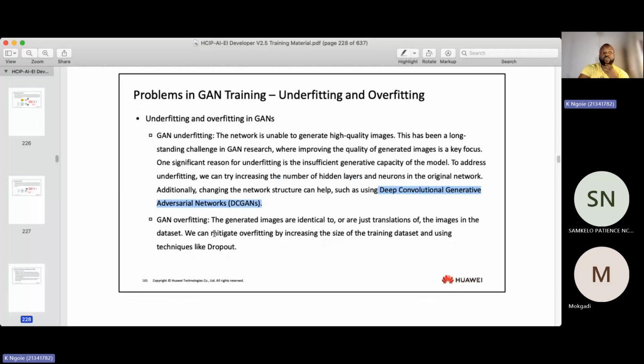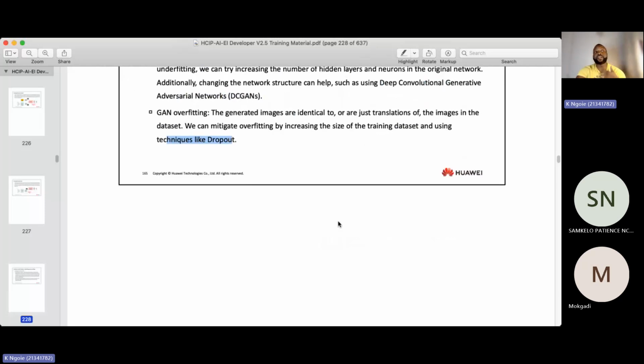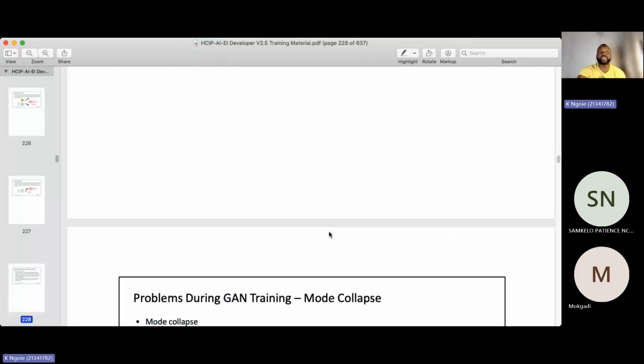We solve overfitting the same way as with other neural networks, by using techniques such as dropout and increasing the size of the data set.